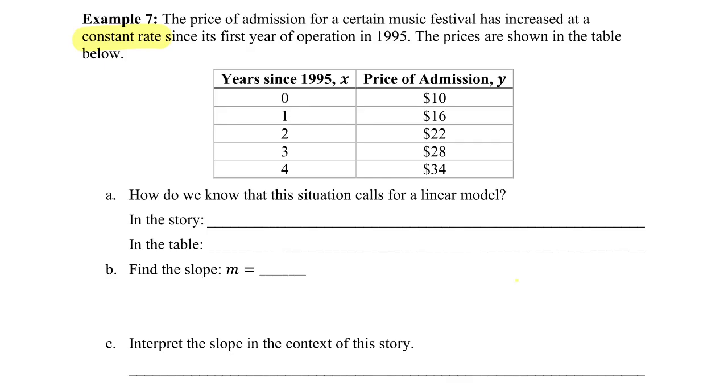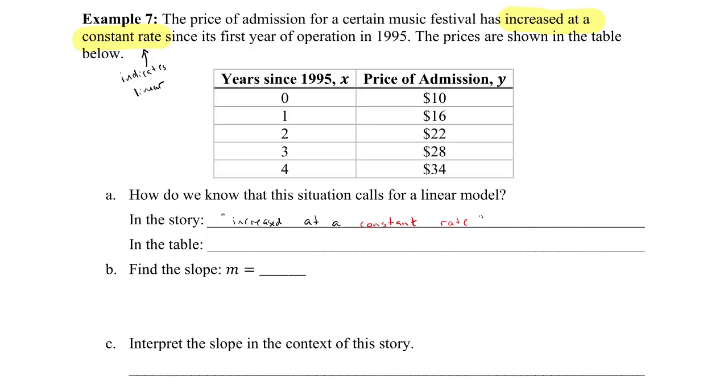In particular, we're saying that the price has increased at a constant rate. So this phrase, increased at a constant rate, decreased at a constant rate, changed at a constant rate, this indicates that we want a linear model. So from the story, we know we want a linear model because it says increased at a constant rate. And the words constant rate are the most important part of that phrase.